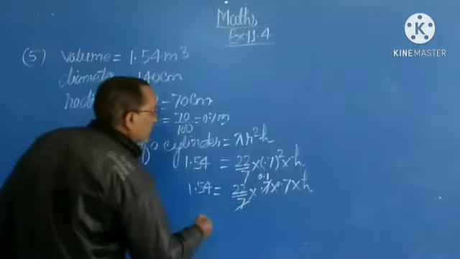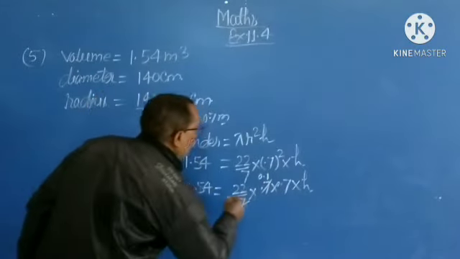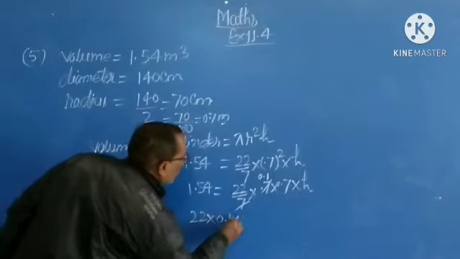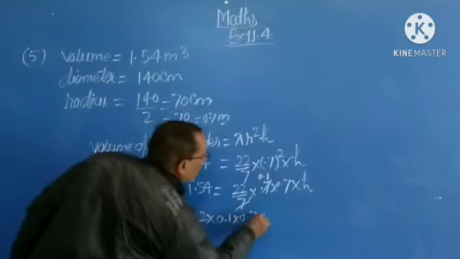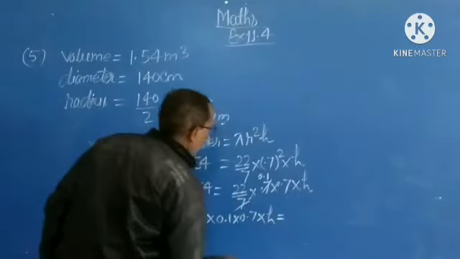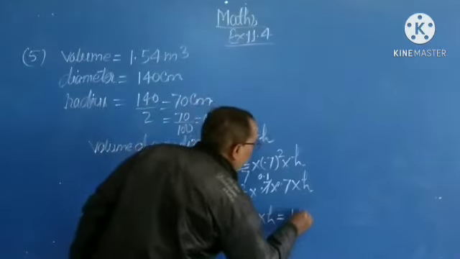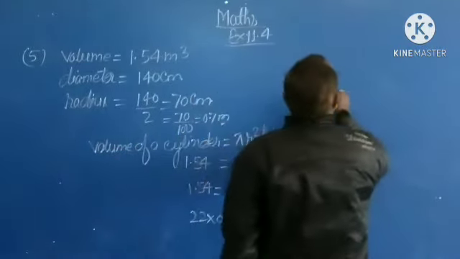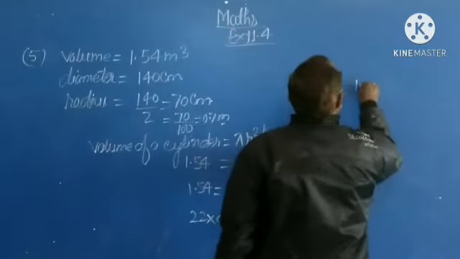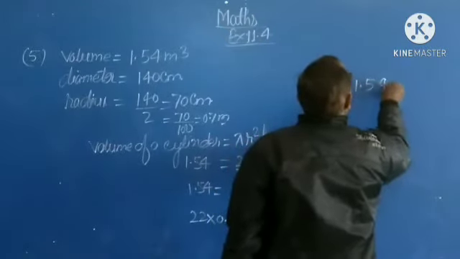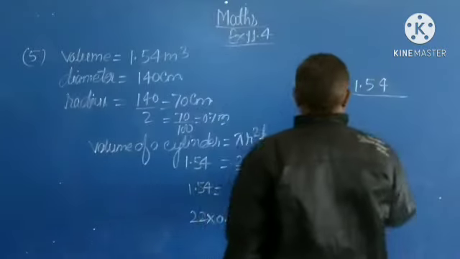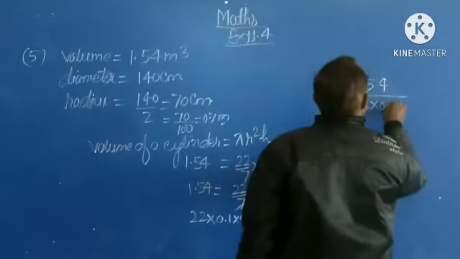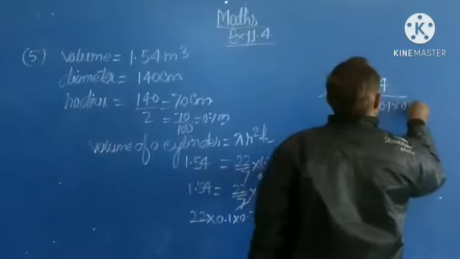You get 22 into 0.1 into 0.7 into h is equal to 1.54. Then h is equal to 1.54 upon 22 into 0.1 into 0.7.